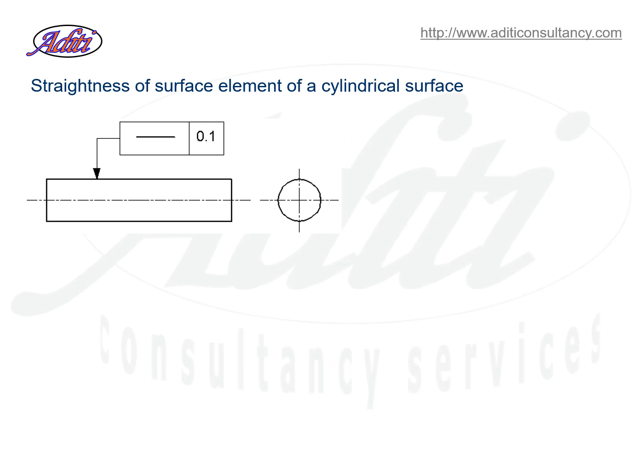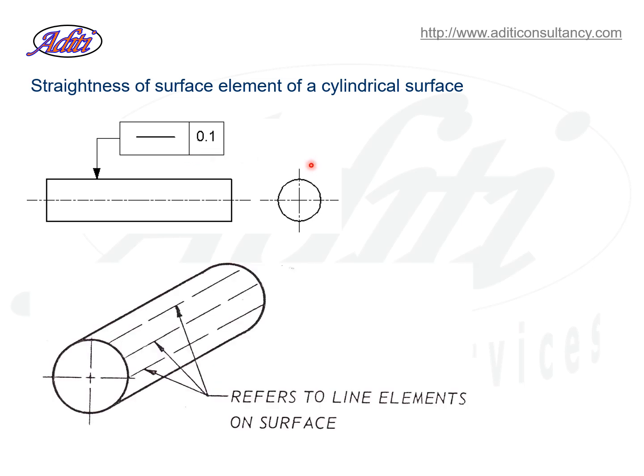Let me try to explain what is straightness of surface of a cylinder. Now when you show straightness of surface like this, which is supposed to be 0.1 mm maximum error, meaning is this. On the surface of a cylinder you can derive number of lines, and each of these lines is supposed to be straight. What do you mean by that?